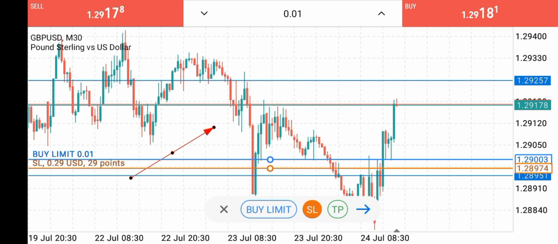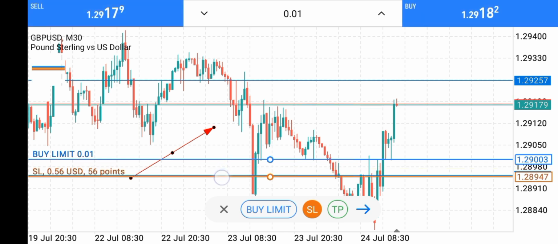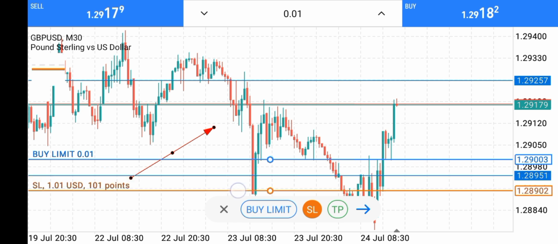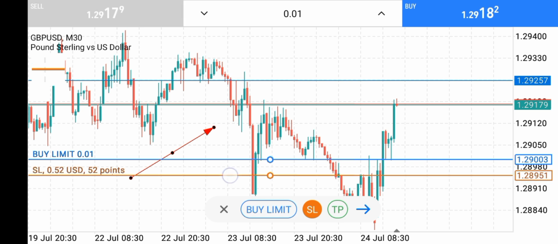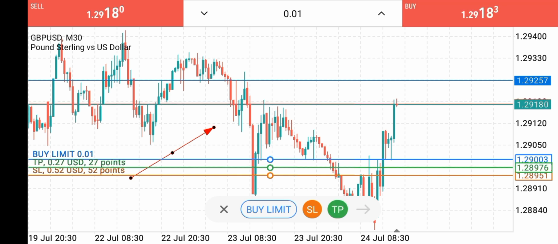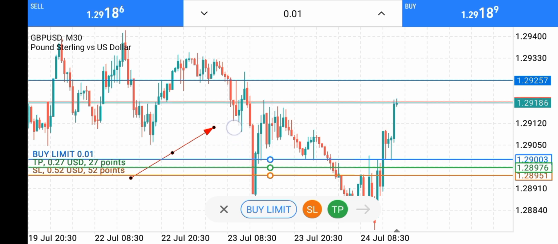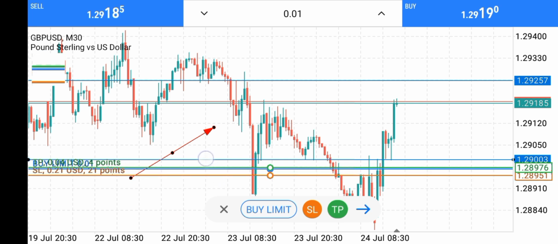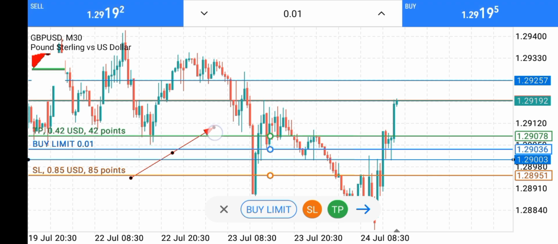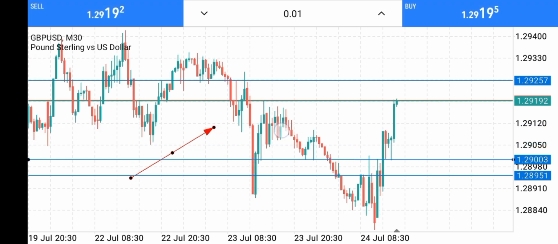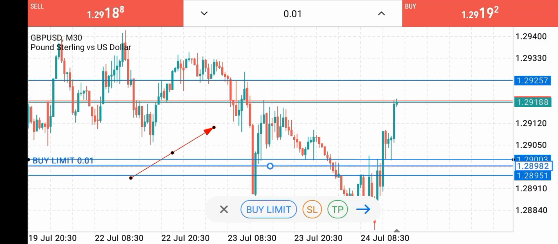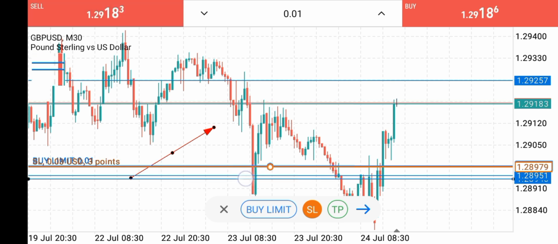And your stop loss, this SL simply means stop loss. So your stop loss is at this place. Remember, it's still the same example I gave. And your take profit, okay, back to the example.